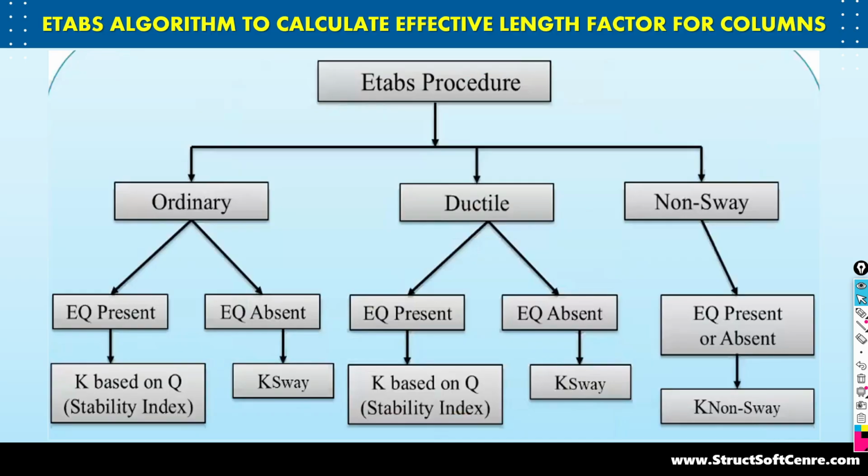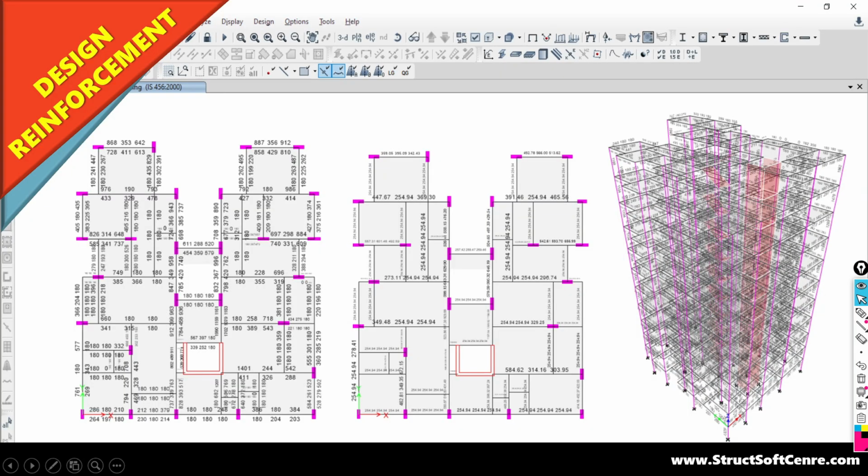After this we are finally going to design our structure, and after the completion of the design, just like with the analysis, we have to check the design result as well, whether the design has been done correctly by the software or not, whether all the members are passing the design check or not, whether the demands of the reinforcement are as per the codal recommendation or not.